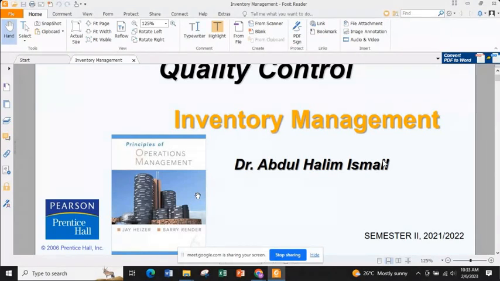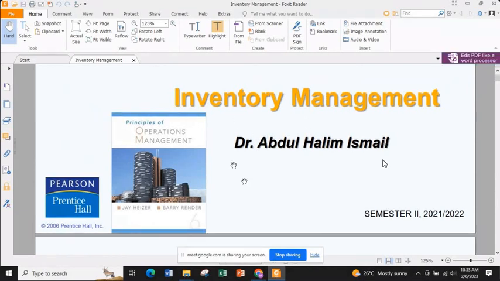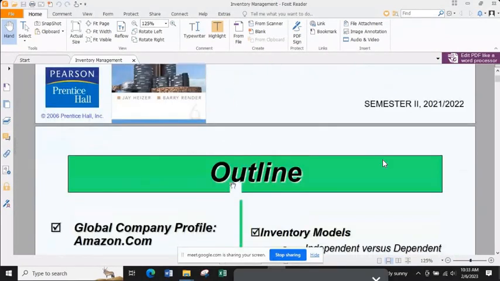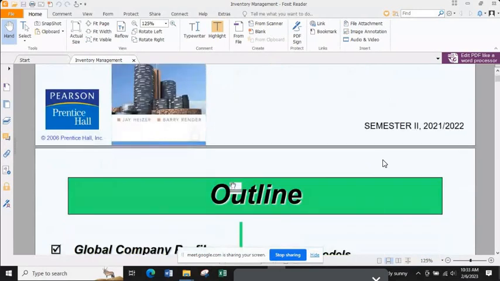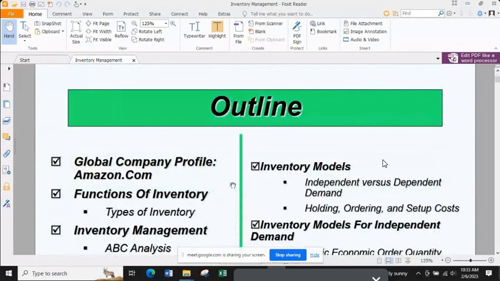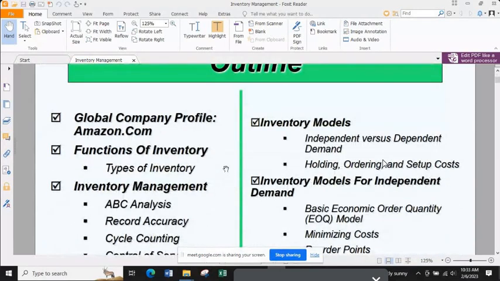For example, to produce car components, like wafers, electronics, PCBs, all involve a huge quantity. So you should have proper inventory management, and you have to clearly understand inventory control or management.